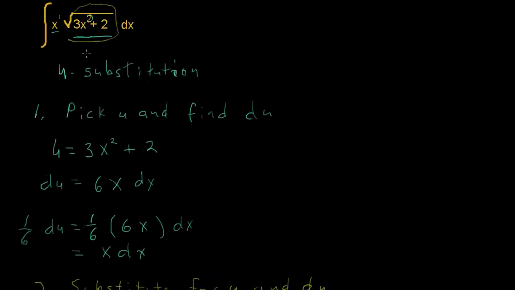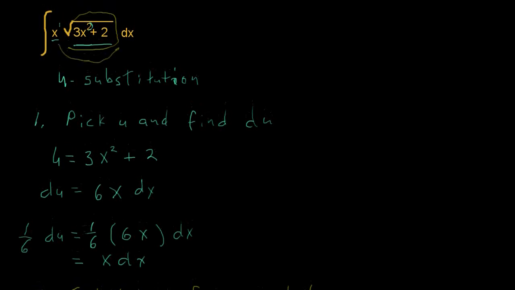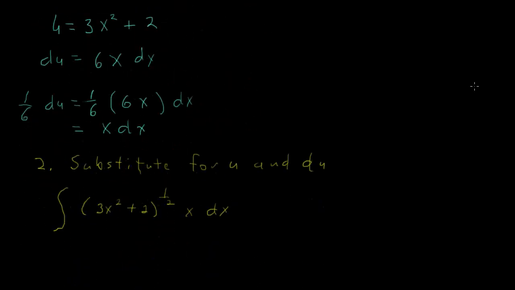And we've just rewritten our original problem, and notice I just moved the x from the front out to the end. So it now reads like this, and this will make it easier to do our substitution.